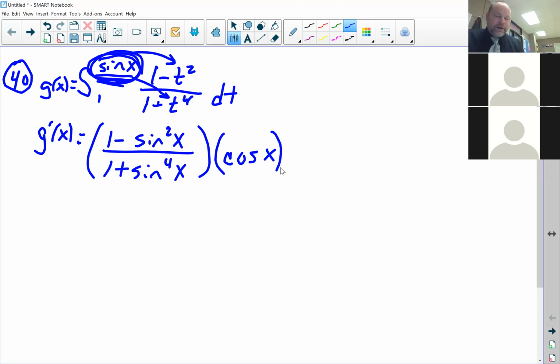And so that would be one way to write the answer, and that would be perfectly acceptable. There are a couple other ways you could write this, because 1 minus sine squared x is the same as cosine squared x.